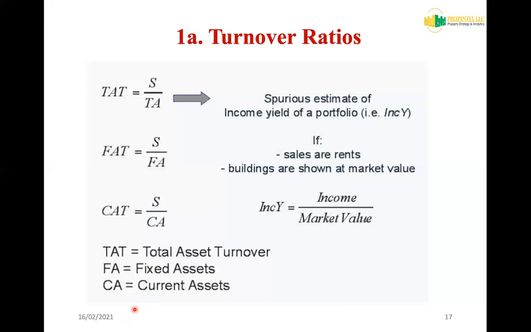The asset turnover ratio tends to be higher for companies in certain sectors than in others. So retail and consumer staples, for example, have relatively small asset bases but have high sales volumes. Thus, they have the highest average asset turnover ratio.